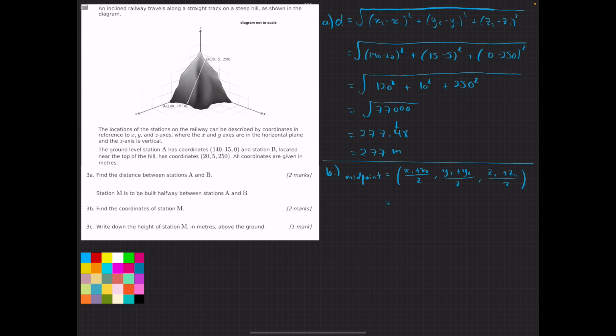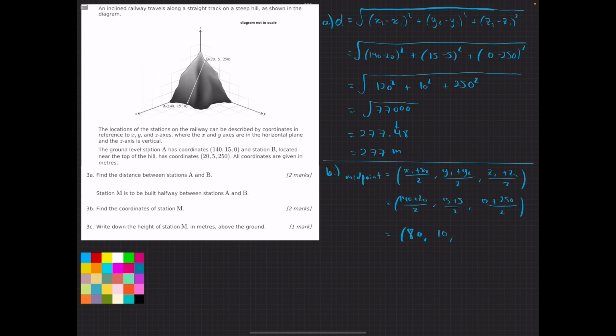X1 plus x2, this is going to be 140 plus 20 over 2. The average of the y's is going to be 15 plus 5 over 2, and the z is going to be 0 plus 250 over 2. I think this one should be okay. 140 plus 20 is 160, 160 over 2 is 80. 15 plus 5 is 20, 20 over 2 is 10.